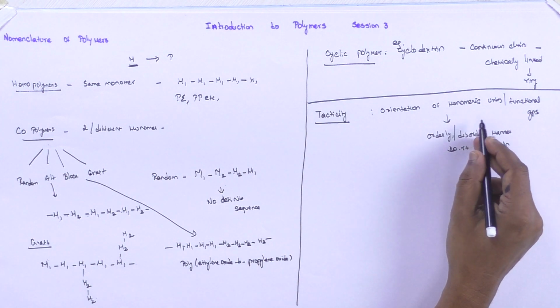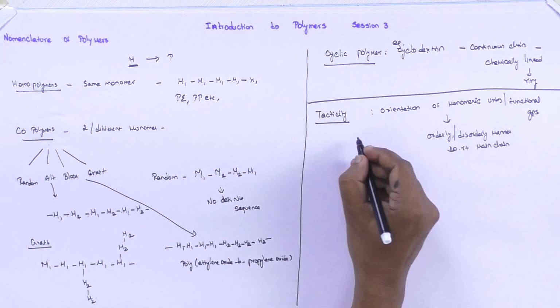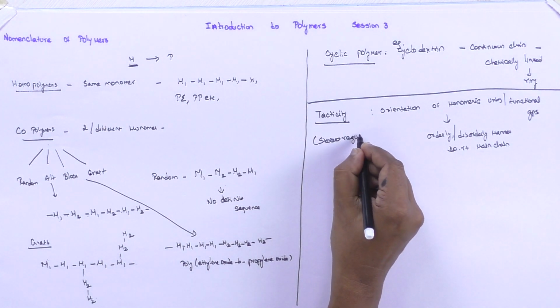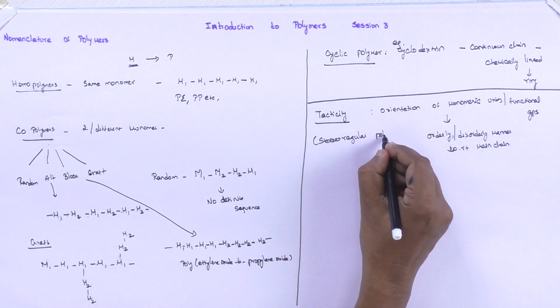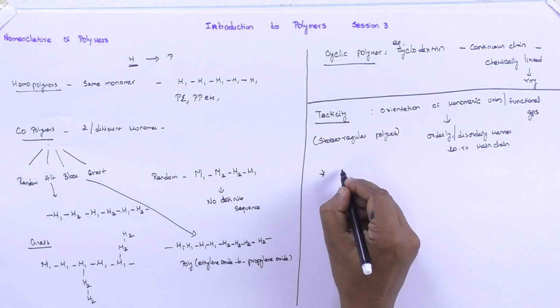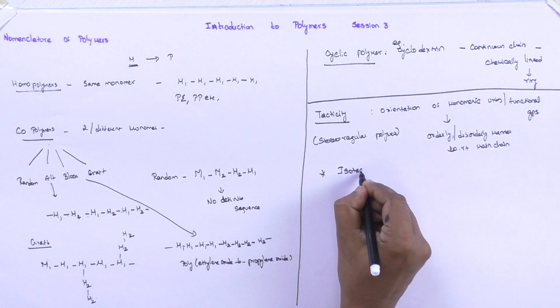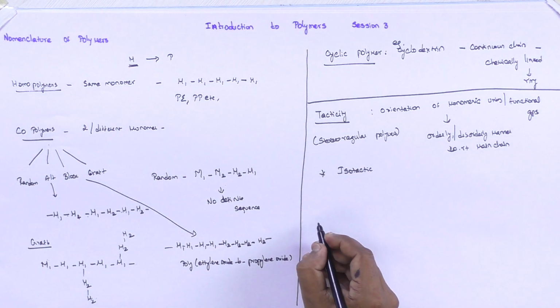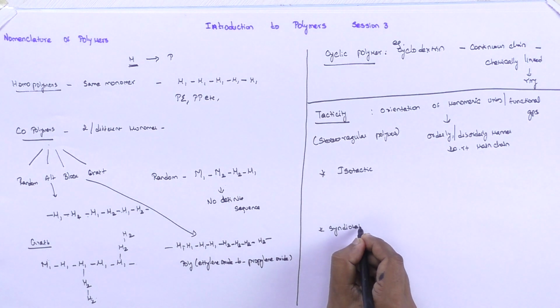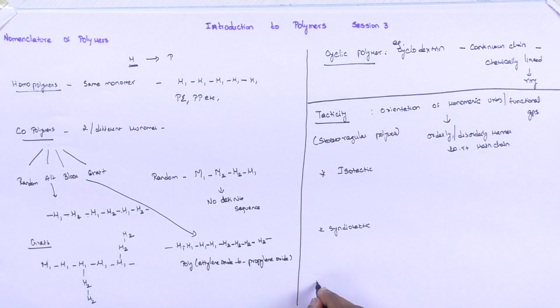This is called the tacticity of the polymer, and this is the important factor in whether you are getting stereoregular polymers or not. Tacticity is again of three types: isotactic, syndiotactic, and atactic. These three are different types of tacticity.